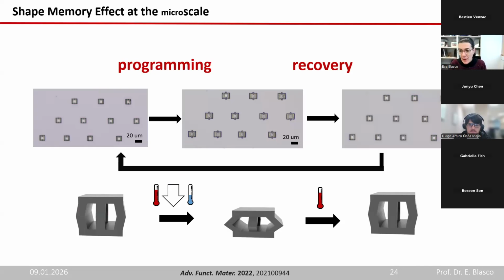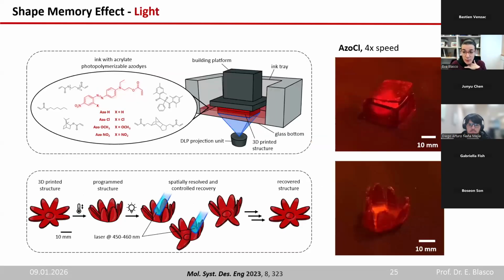But as mentioned before, when we work with temperature as a stimulus, then it's a global stimulus, so all will be recovered. So then we came back to this absorber. So can we use light as a stimulus? So here, going back to the macro scale for demonstration, we have our formulation and we have an azobenzene as an absorber.